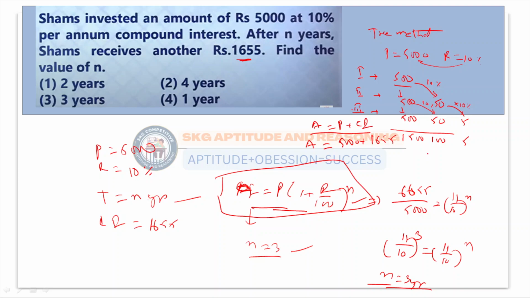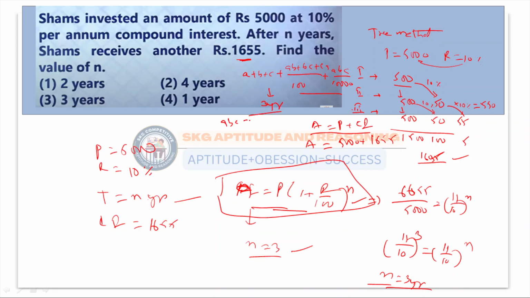So how much are you getting here? 1655, but here we need to calculate 550 extra. Here it is written as one formula for 3 years: A plus B plus C plus (AB plus BC plus CA) divided by 100, plus ABC divided by 10,000. This formula will be applicable for the 3 years case.